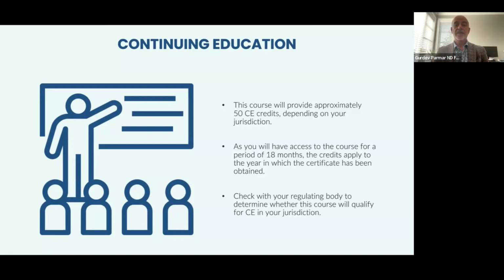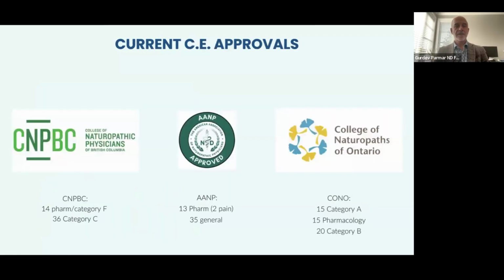That's been a long, arduous and expensive process, and we are just about there. I wanted to be able to say that we have that today, but unfortunately, it looks like it's going to be a bit delayed. When I have another webinar in a month, I will be able to say that. So these are the current CE approvals. You can see CNPBC, AANP, and they all are 50 total, depending on the category, etc.